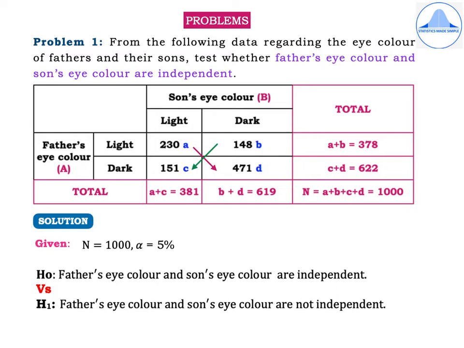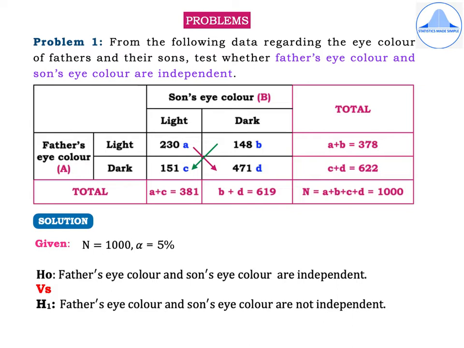The next important step is to find the row totals and the column totals. When we add 230 and 148, we get 378, that is A plus B. Similarly, C plus D is 151 plus 471 equal to 622.